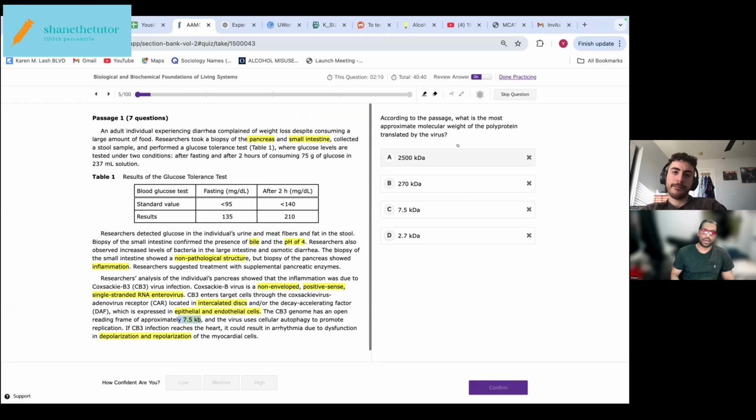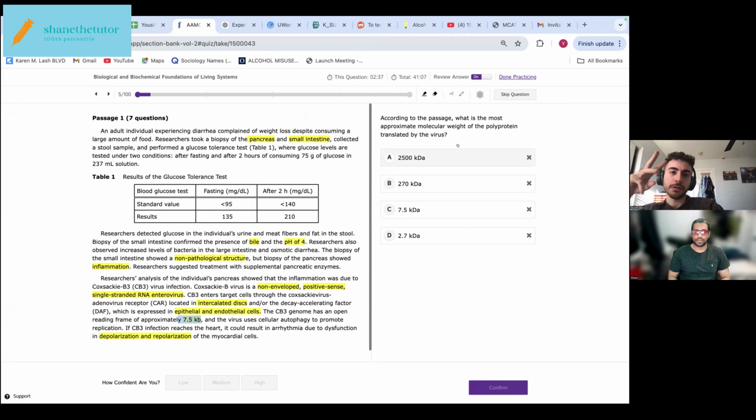Now how can we go from nucleotides to amino acids? When you're translating, is it one nucleotide translates into one amino acid?